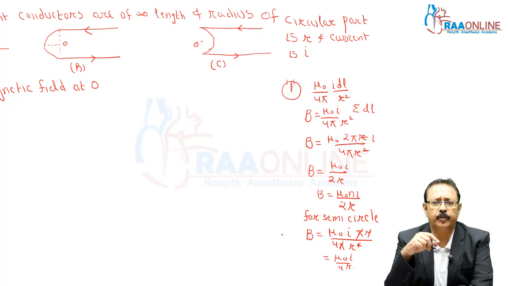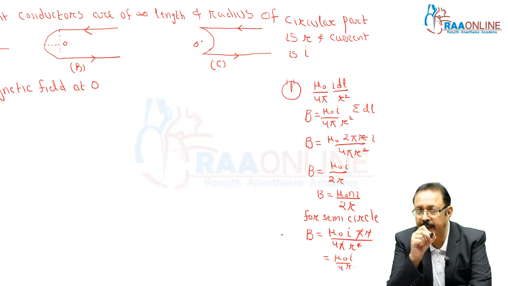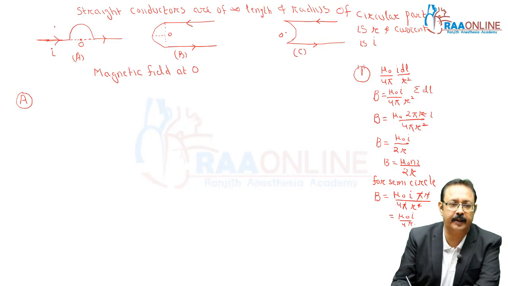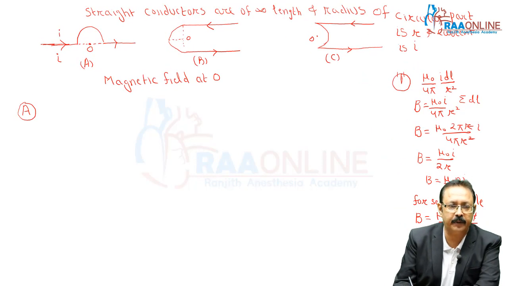So now we are going to calculate the magnetic field in the first case. Since point O is in line with the current, for the first part we are making 3 parts. It is the first part, it is the second part, it is the third part.